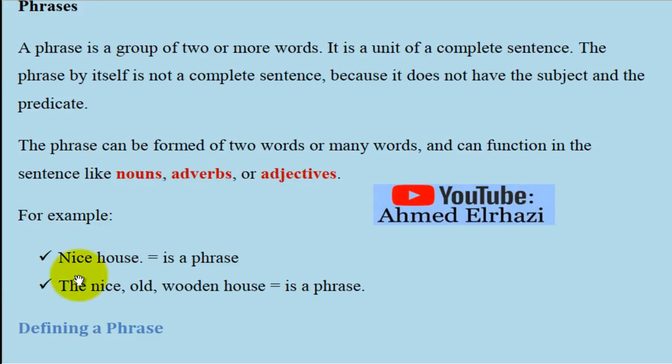For example, nice house. Nice house is a phrase. ما كاين لا verb لا predicate لا والو. The nice old wooden house. شوف قداش ولات nice old adjectives wooden house. تاهي is a phrase. 1, 2, 3, 4, 5 words.